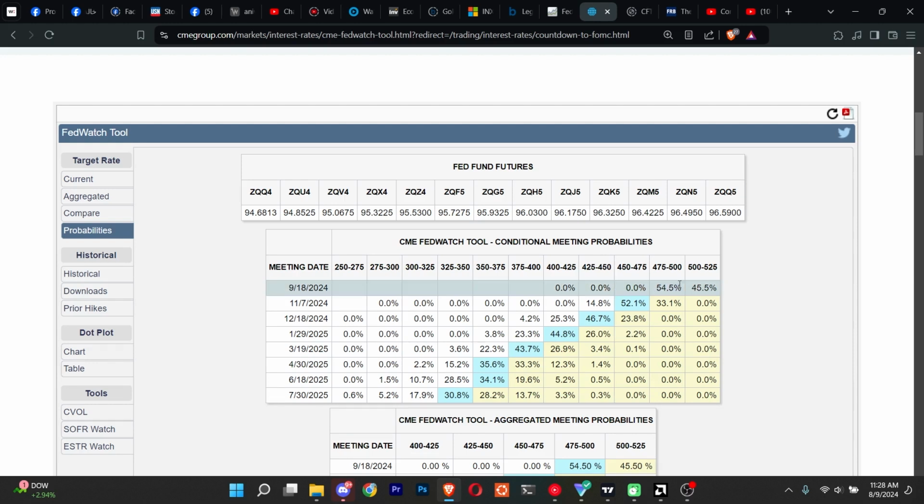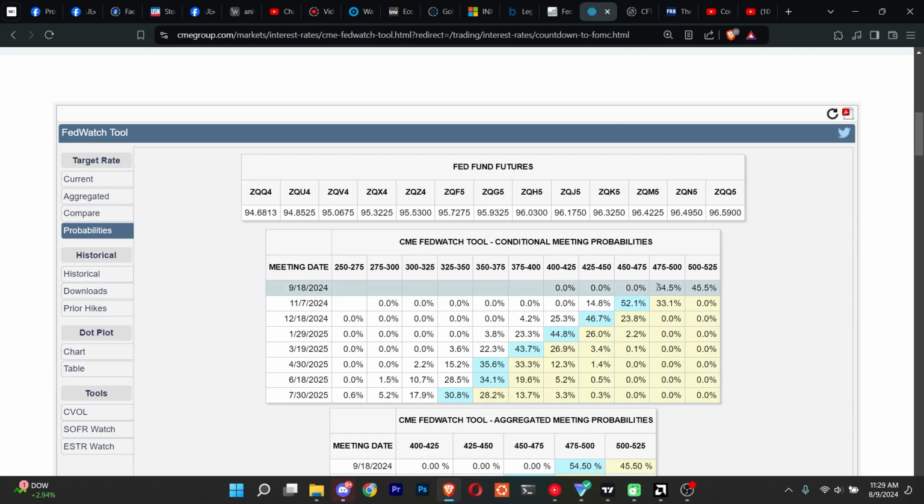And so there's been a lot of mixed sentiment coming in this week. I'm sure you remember what happened on Monday. There was a massive sell-off in the market due to the unwinding of the yen carry trade. During that time, most of the market was expecting a 50 basis point cut.